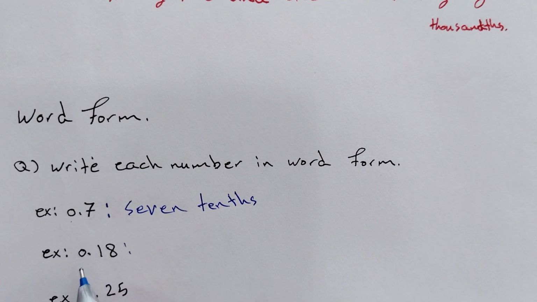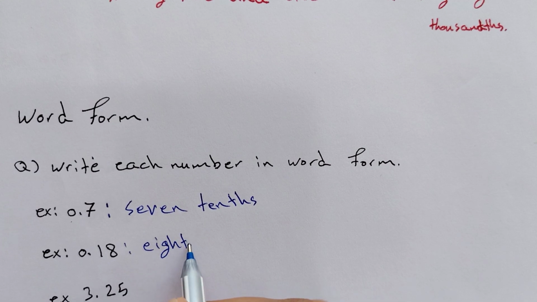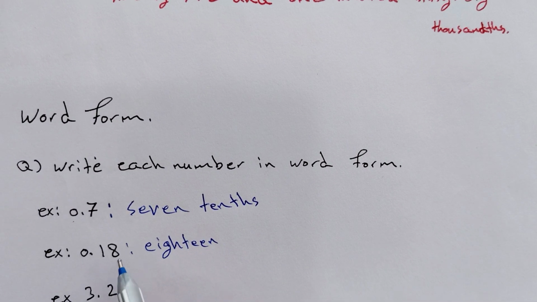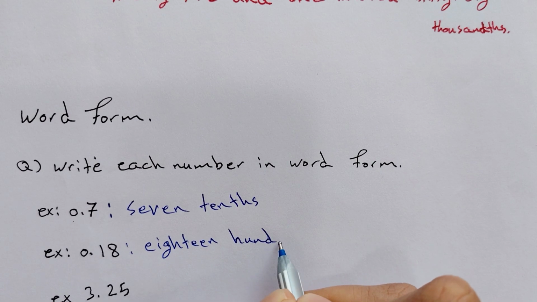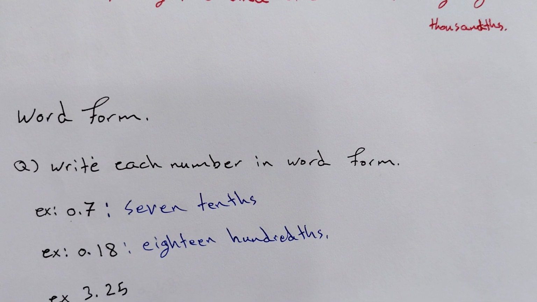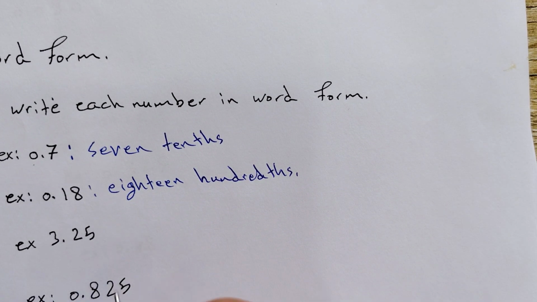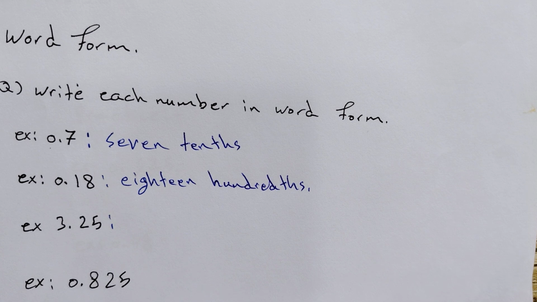Same for that. Our whole number is 0, so we don't read the whole number nor the decimal point. We just say 18. Since we have 18, then the last digit's place value, this is a decimal point, so tenths, hundredths. We say 18 hundredths with th. Okay, same for that, but in here, as you can see, we have a whole number.